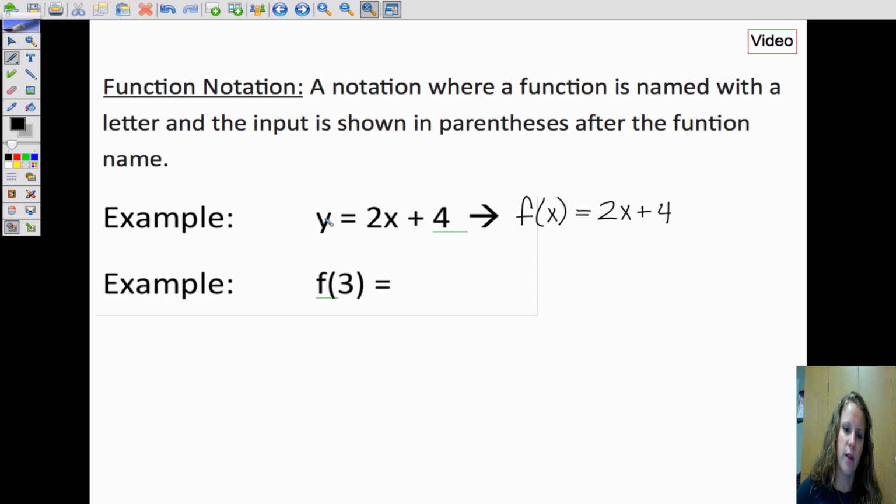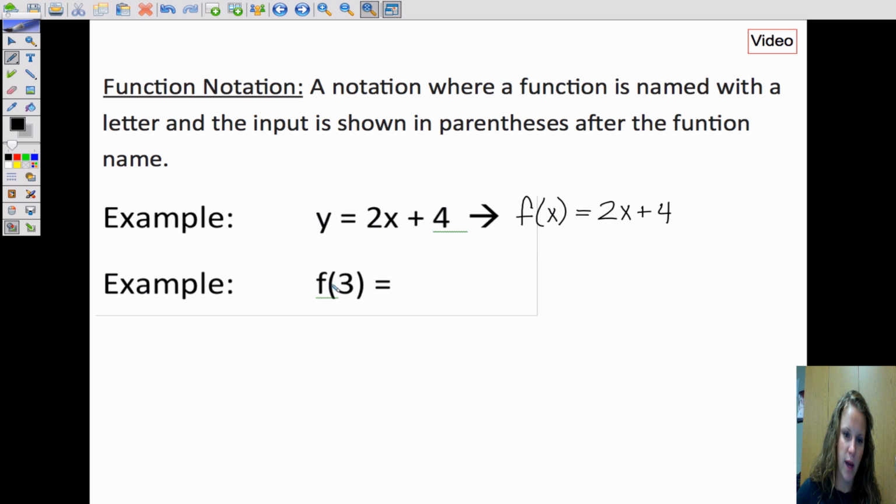Instead of calling them y1, y2, y3, y4, we can say f of x, or g of x, or t of x, or k of x. We can call functions different things, okay? So really just y goes away, and f of x becomes y, okay?